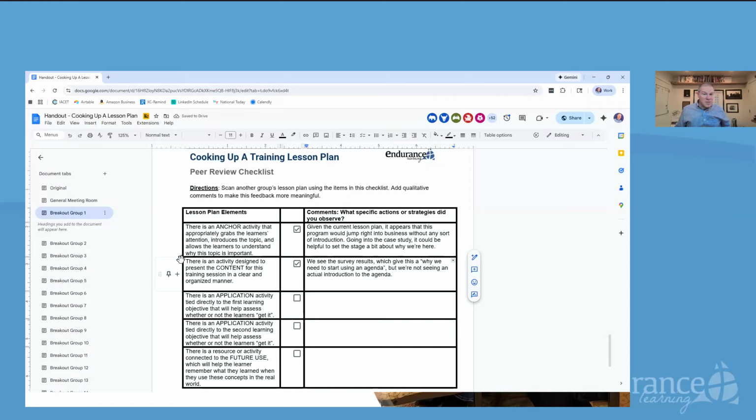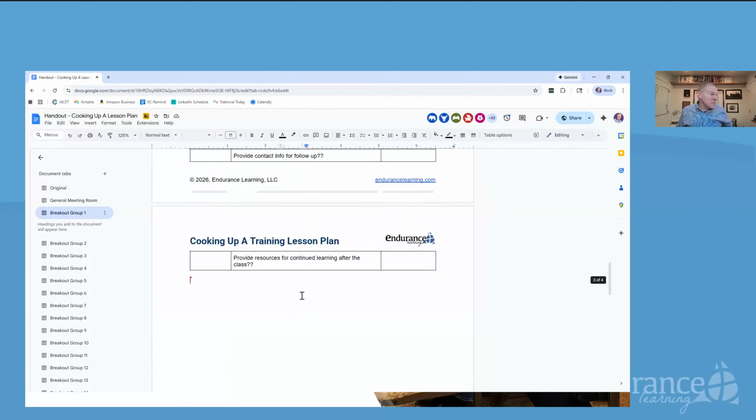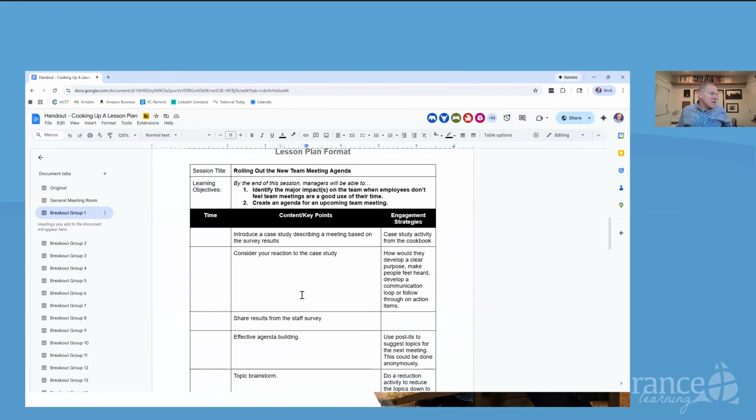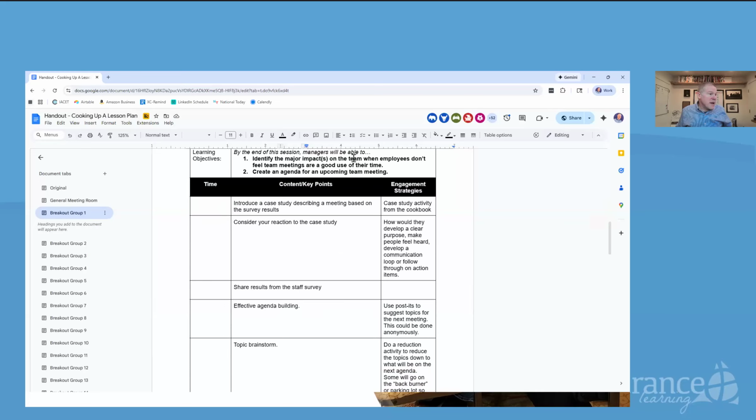All right, the next question is, is there an application activity tied to the first learning objective? The first learning objective is to identify some of the major impacts on the team when employees don't feel team meetings are a good use of time. Do you see anything in here where we're talking about that?